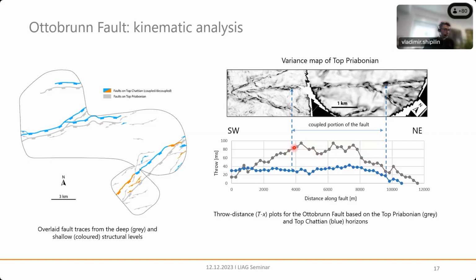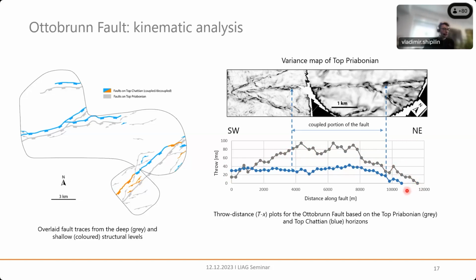And as we go towards the southwest, where we see decoupling of the upper fault segment from the lower fault segment, we see also a decrease of the fault displacement at top Preabonian, likewise to the northeast.